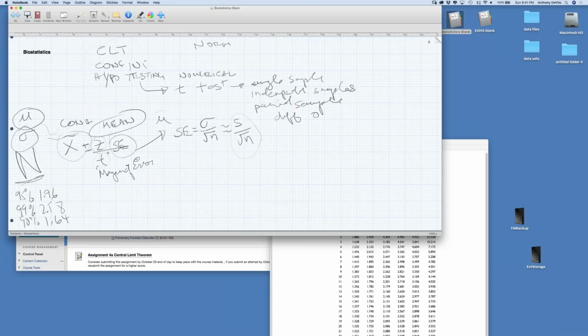And what does our confidence interval mean? A 95% confidence interval tells us that we're 95% certain that the true mean of this population lies within the range of the confidence interval that we just calculated.